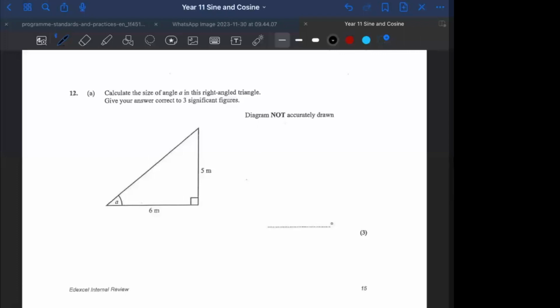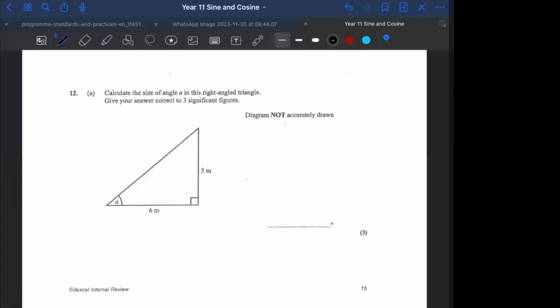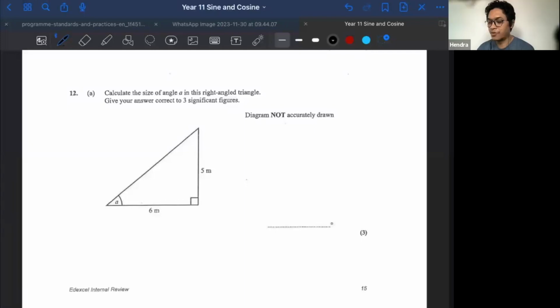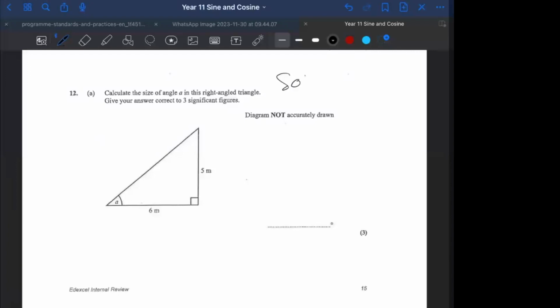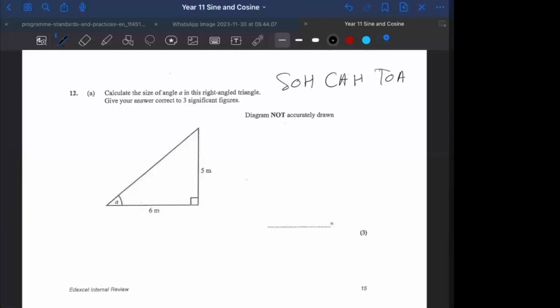Yeah, okay. Calculate the size of the angle in this right-angled triangle. Give your answer correct to 3 significant figures. So what do we use? Is this Pythagoras? No, we need to find the angle. SOHCAHTOA again. They don't have the hypotenuse, they have opposite and adjacent.